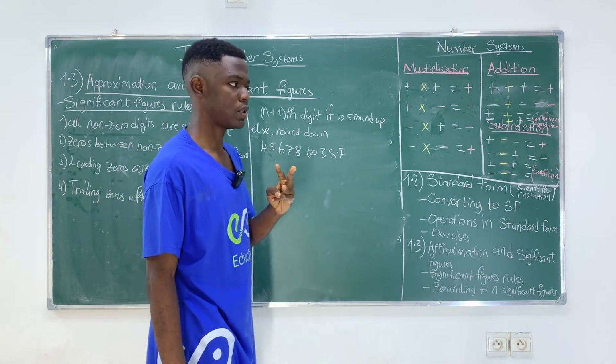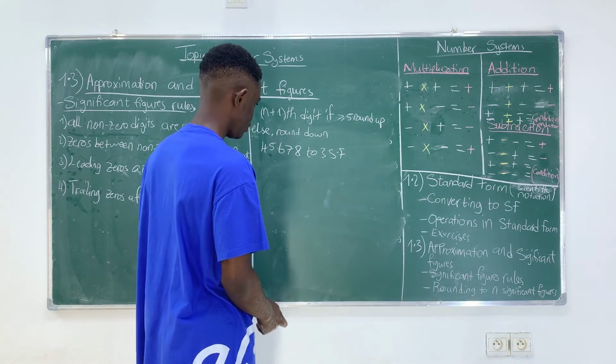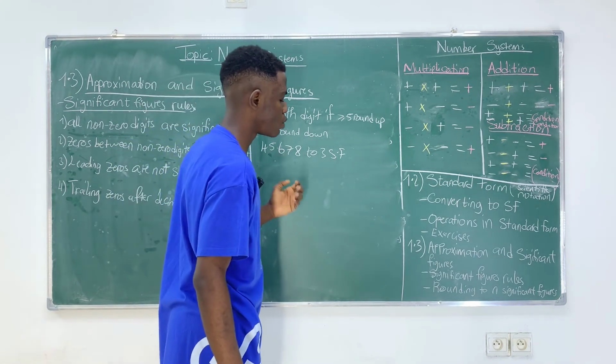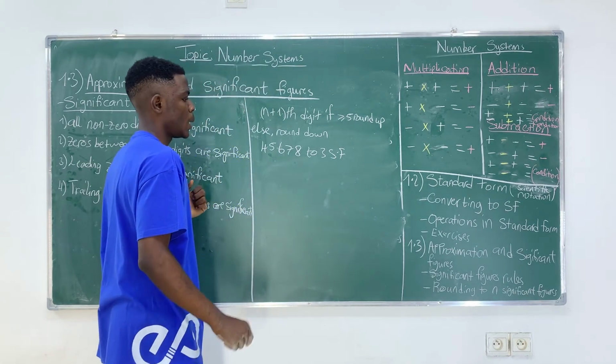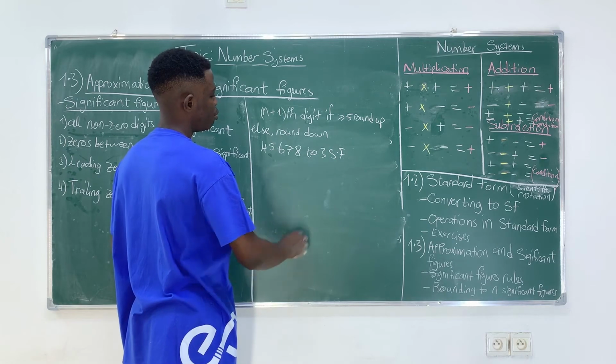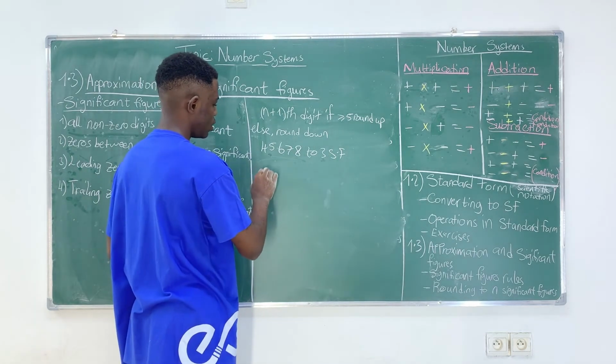Some people will say to 3 decimal places. It is the same thing. So how do I round this to 3 significant figures or to 3 decimal places? I put the first 3 significant figures. The first 3 significant figures are what?